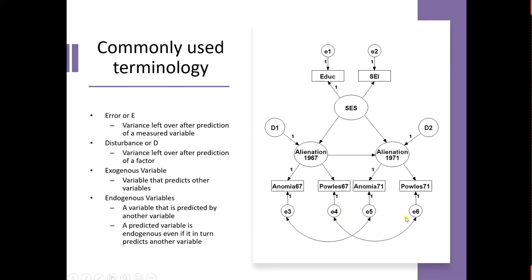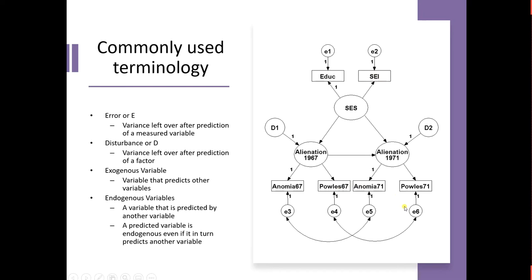So what is the difference? When measurement error occurs for a latent variable, then the error associated with the latent variable is called disturbance, and the error associated with exogenous observed variables or endogenous observed variables is called error.